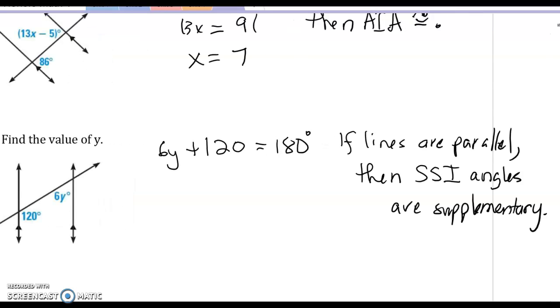If we have a transversal cutting through parallel lines, then same side interior angles, SSI, same side interior angles are supplementary, which means those two angles sum up to 180 degrees. That's the justification for our equation. That's what you need to be able to write on quizzes and tests for this unit.